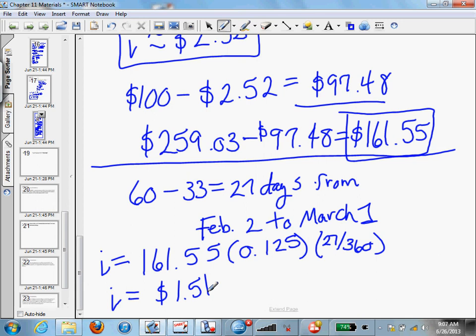Now what you have to do is say that the balance at the maturity date of the loan is the sum of the principal and the interest. So we take the $161.55, and now you add the interest, and that gives you an amount of $163.06. And you also want to note the sum of the days in there is equal to the total number of days in the loan.